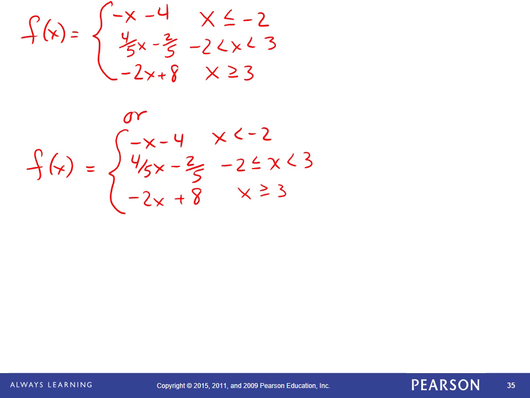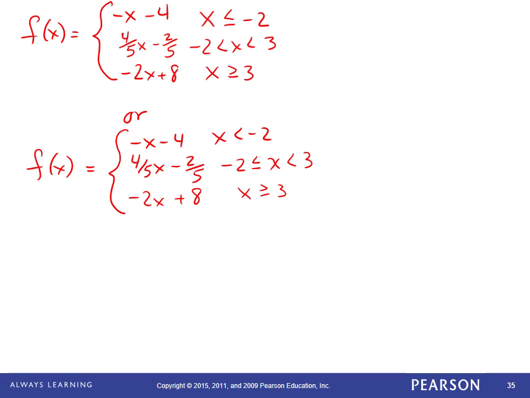Okay, are we good there? Does that make sense? At 3, one of them is going to be less than 3, one's going to be greater than or equal to 3. If I made the middle section x less than or equal to 3, then that bottom one would have been x greater than 3.